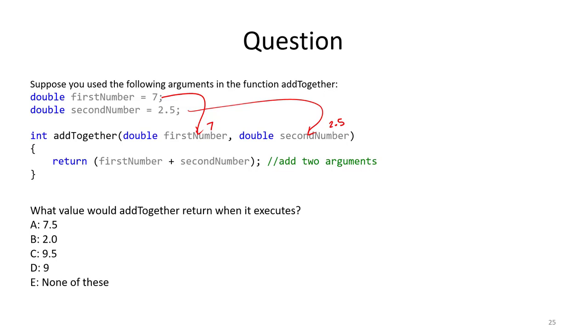And suppose we went ahead and we plugged 7 and 2.5 into this function. And so we have int add together, and we're returning first number plus second number. Question is, what value would add together return when it executes? Take a moment and think about it.